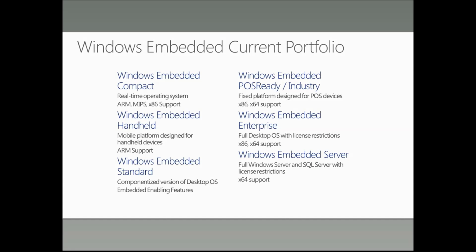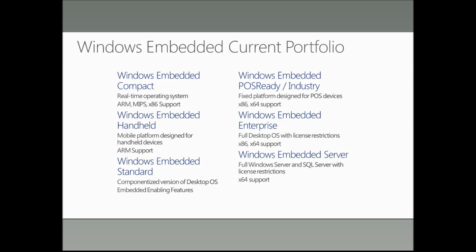Windows Embedded Enterprise and Windows Embedded Servers are actually the same products that you'll find in many consumer PCs or off-the-shelf servers, with specific licensing rights. So it's the same version of Windows, Windows XP, Windows Vista, 7, and Windows 8 and 8.1, or Windows Server 2012, 2008, and 2003, but with the embedded licensing that allows you to customize or deploy differently.